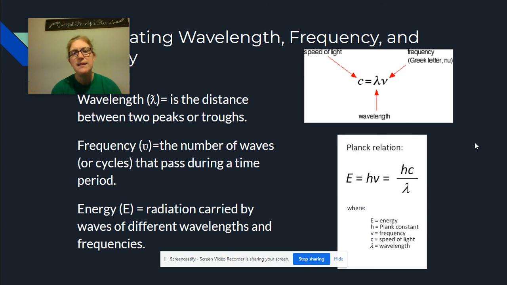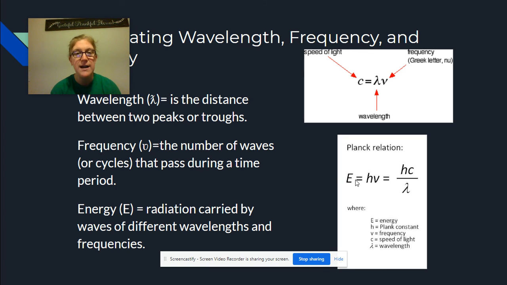And then we've got this formula, called Planck's formula. The first part is E equals h times nu. Nu again is that frequency value. E is energy, h is Planck's constant, which is a constant number, 6.63 times 10 to the negative 34th joule seconds, and nu is frequency.